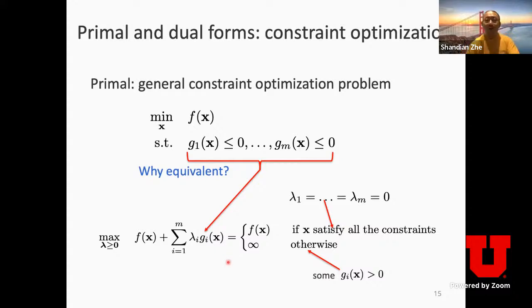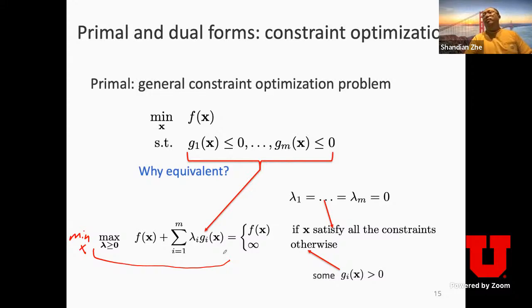And remember, our goal is to minimize in the outer level. The only feasible things which give us the minimum will be the set of x which satisfy the constraints.